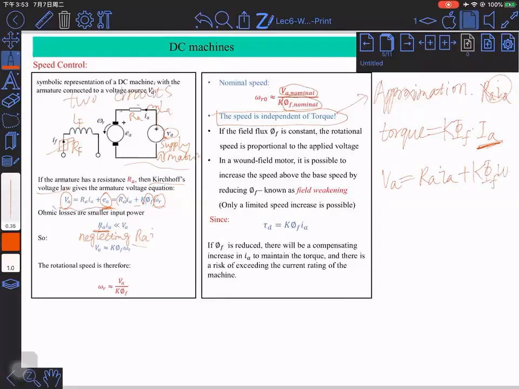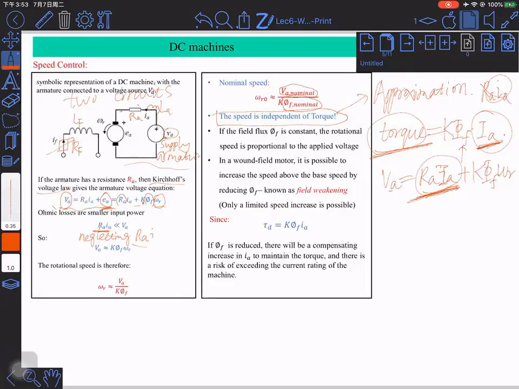induced electromotive force. So if you have a very heavy load, you have large torque, large armature current. So you're going to have the resistive voltage drop, RAIA, very high. If it becomes high, you can't ignore it.